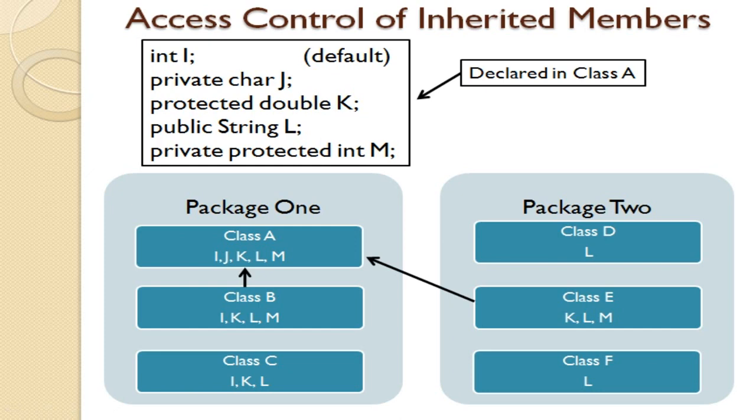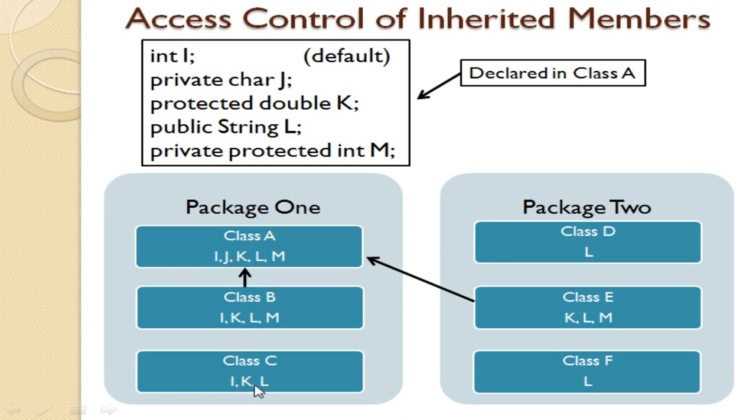Here class B has been inherited from class A, and also class E of another package has been inherited from class A. That means you can use this protected variable outside the package, in the inherited class of another package. But you can notice that in the same package, in all the classes declared in package 1, this variable has been used.